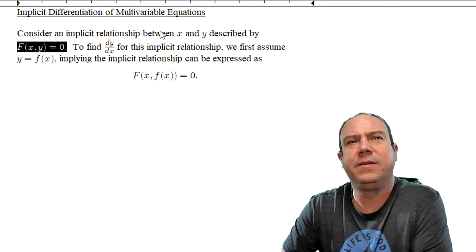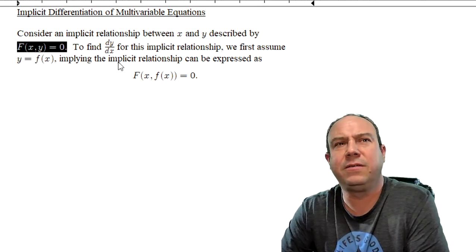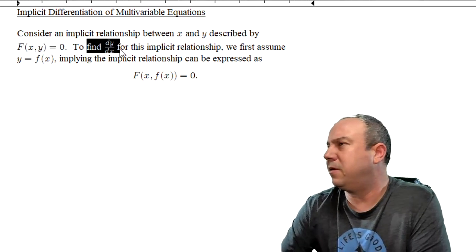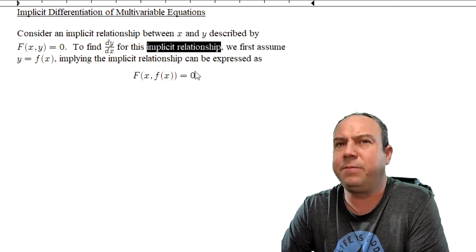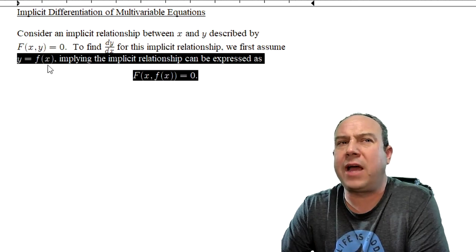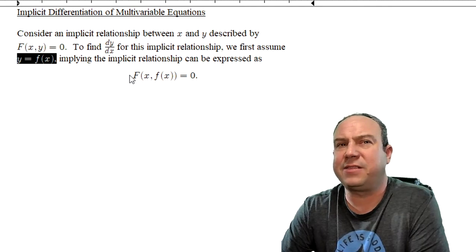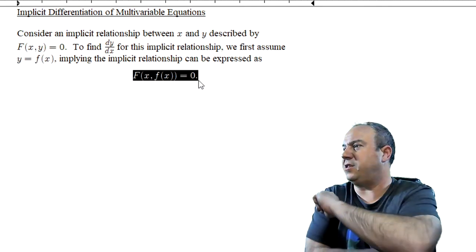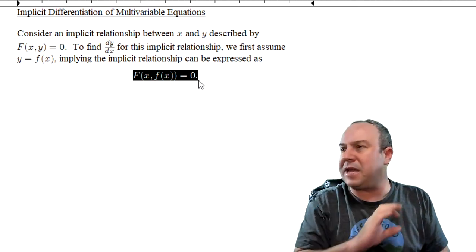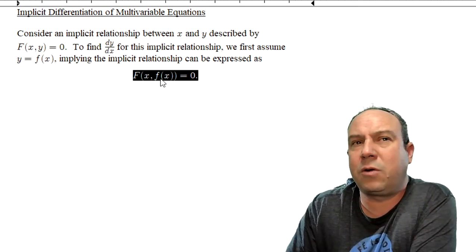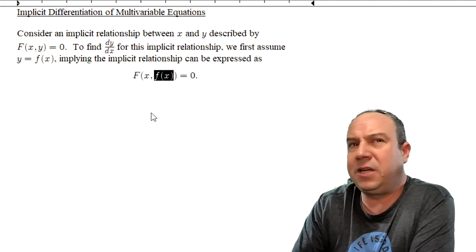With a relationship described in this manner, to define the derivative of y with respect to x for this implicit relationship, we first assume y is equal to f of x, implying that this implicit relationship can be expressed in this manner, still as this level curve, but now strictly in terms of x, substituting in f of x.